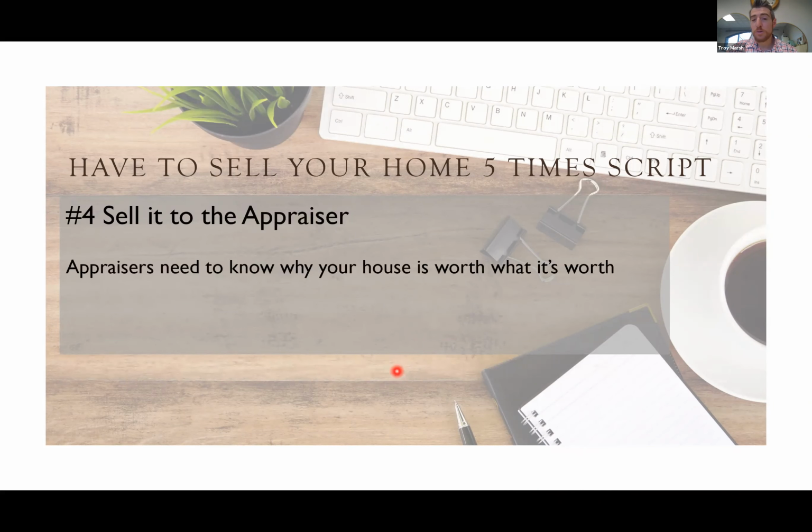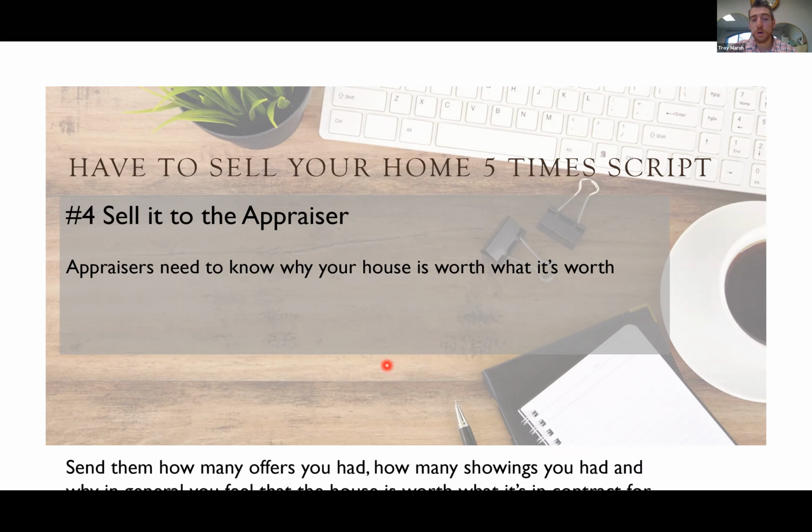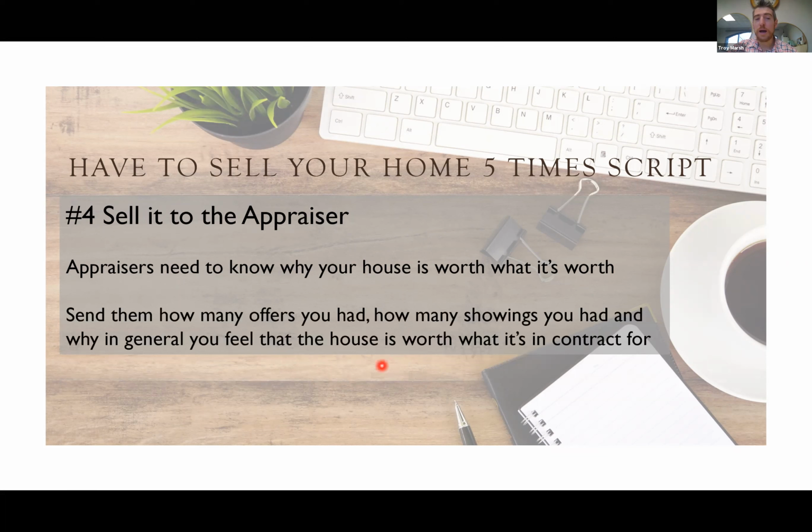The fourth thing, which we spent a bunch of time talking about, is we have to sell it to the appraiser. So they need to know why your house is worth what it's worth. Once it gets scheduled on my listing, I will send them how many offers we got, how many showings we had, and why in general you feel the house is worth what it is.